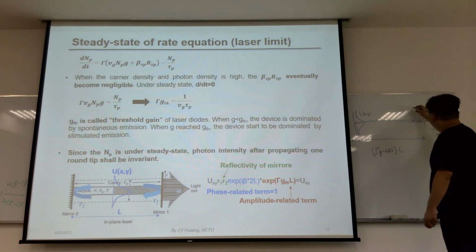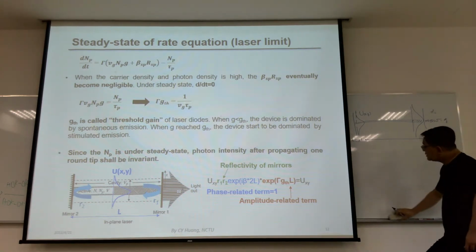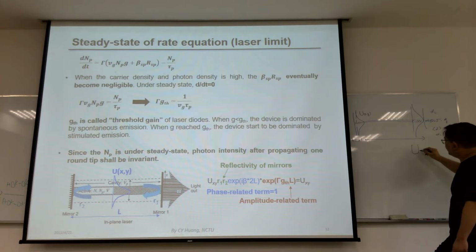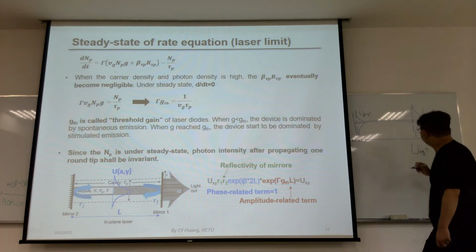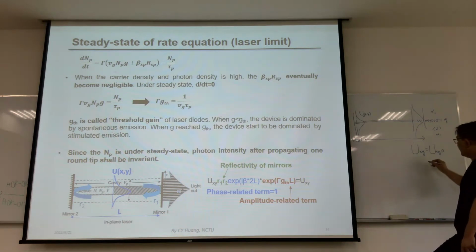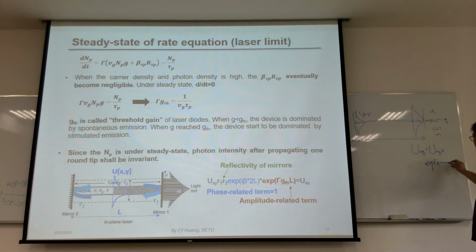So in this case, it might be stronger, for example like this. Okay. So while light propagates from 0 to L, the field becomes U(x,y) times exponential of i half of gamma G minus alpha, L. This is the net gain or loss, because this is the electric field.